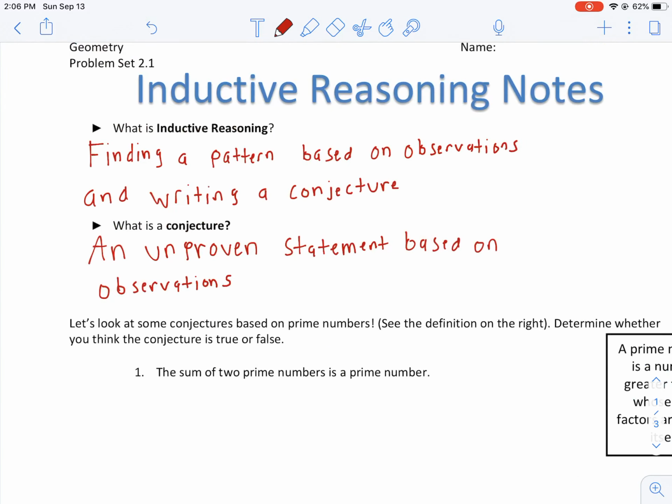All right, an unproven statement based on observations. So it's kind of like a hypothesis, all right? You're making a guess. You don't really know exactly if it's true or not.